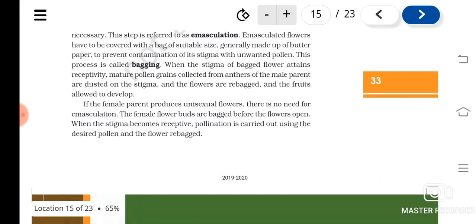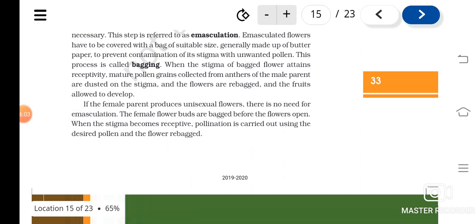And if the female parents have unisexual flowers, is there any need of emasculation? No, isn't it? So there is no need of emasculation. What we have to do is, the female flower should be bagged before the flower opens. Otherwise, there will be a chance of contamination of the stigma with other pollen grains.